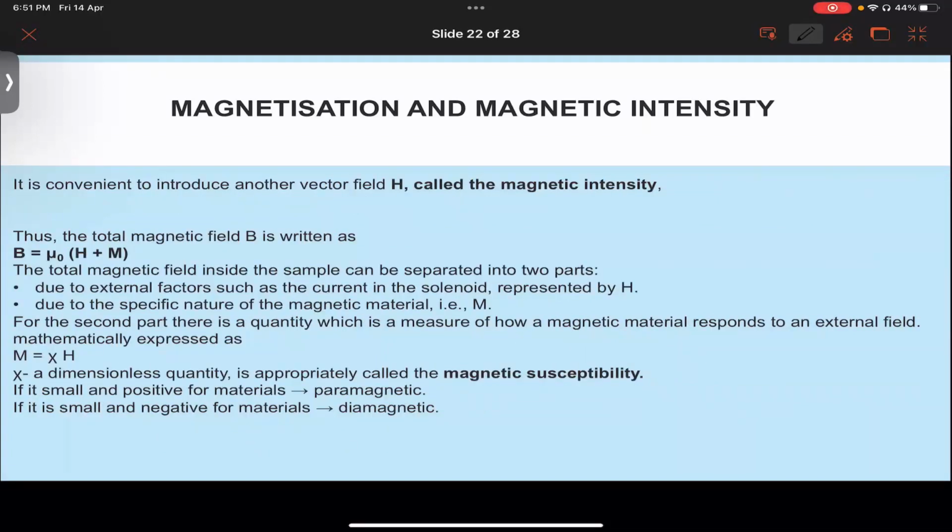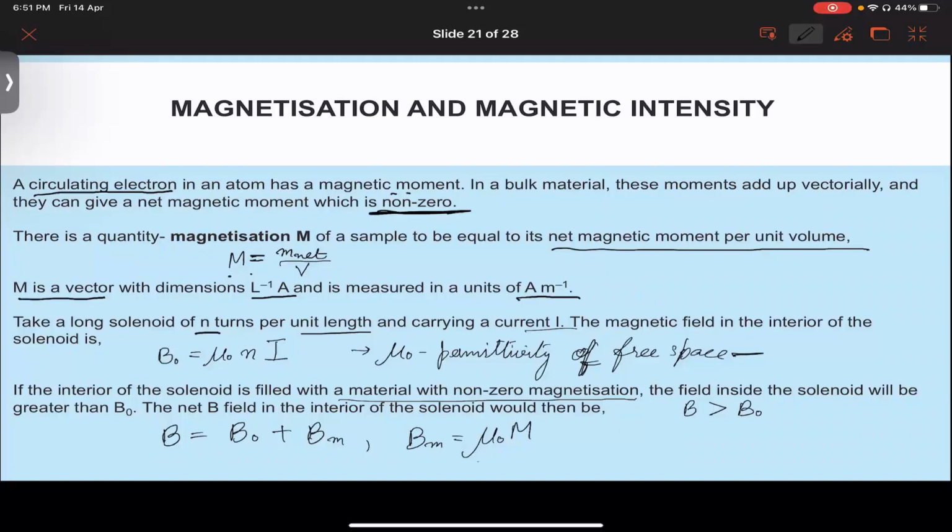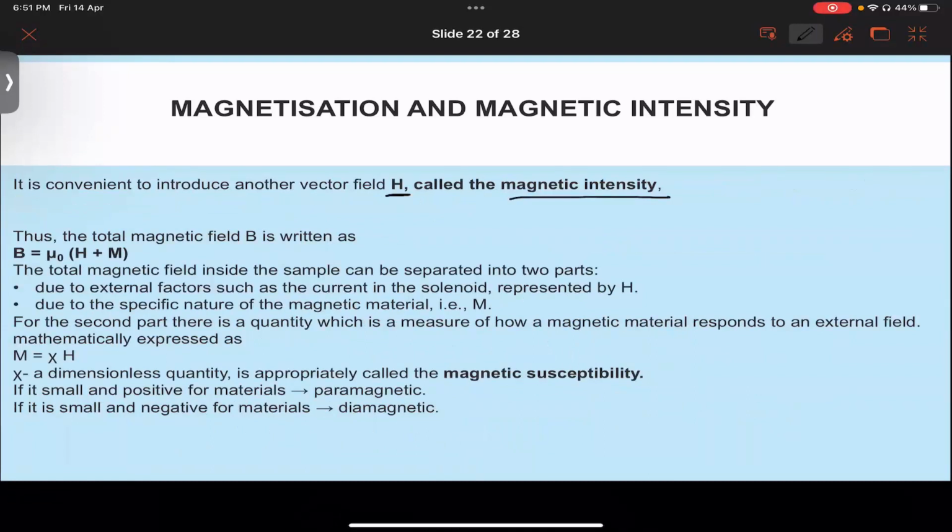Now we will introduce another vector field called magnetic intensity, denoted by H. Since we are introducing another material with non-zero magnetization, we are going to define the magnetic intensity that exists because of the solenoid filled with the material as H equals B by mu 0 minus M. The dimensions of H are the same as the dimensions of M, so both their units are ampere per meter.